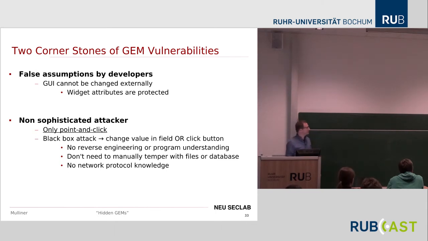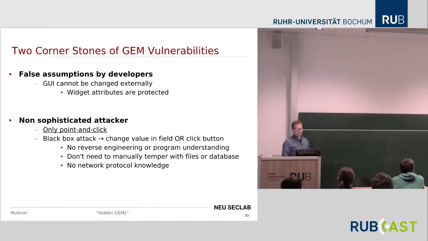And on the attacker side, the attacker doesn't really need to be sophisticated. If the attacker knows how to operate a UI application, that he can point at something and click at something, with knowledge of how those attacks work, an attacker can very easily understand and attack applications. And the attacker can attack the application as a black box.